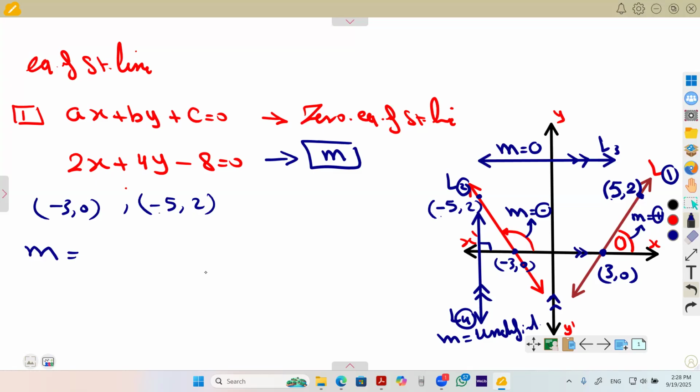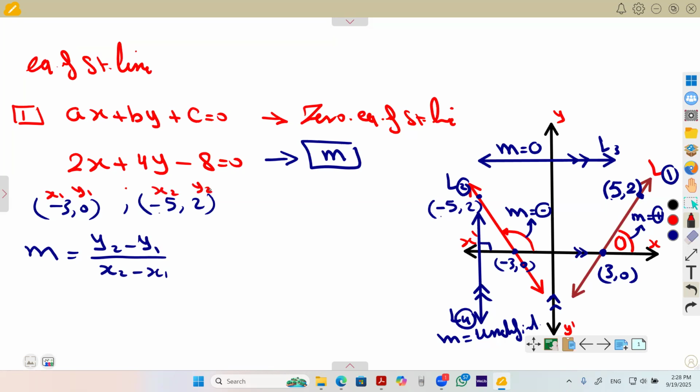You do y2 minus y1 over x2 minus x1. This is x1, this is y1. This is x2, this is y2.